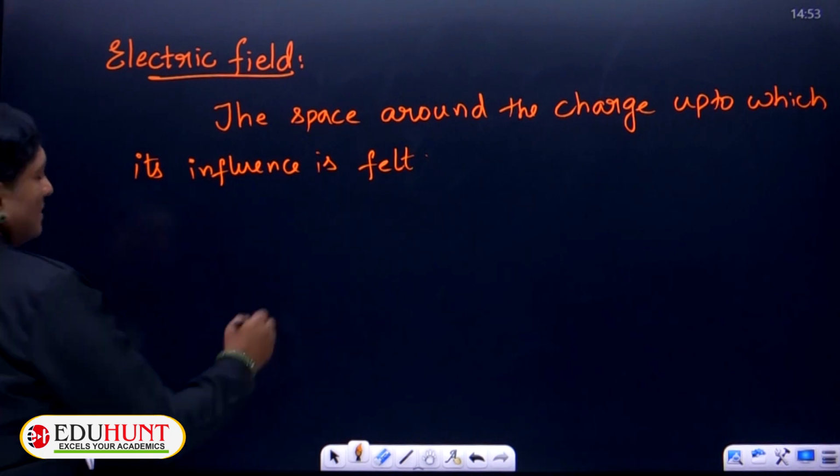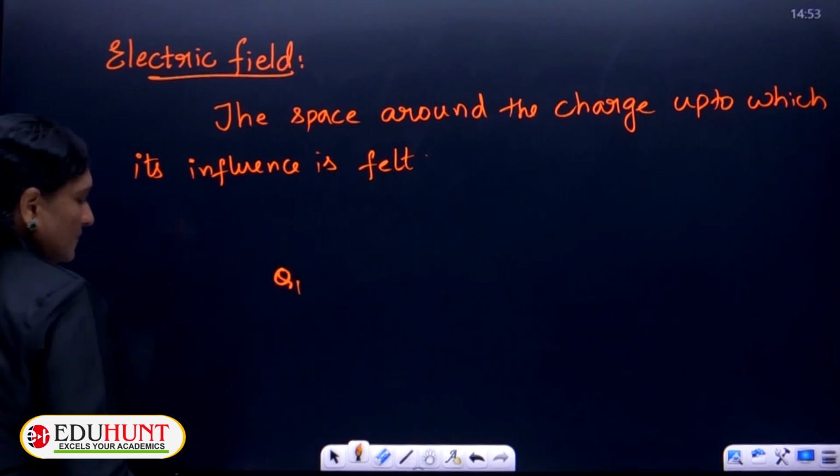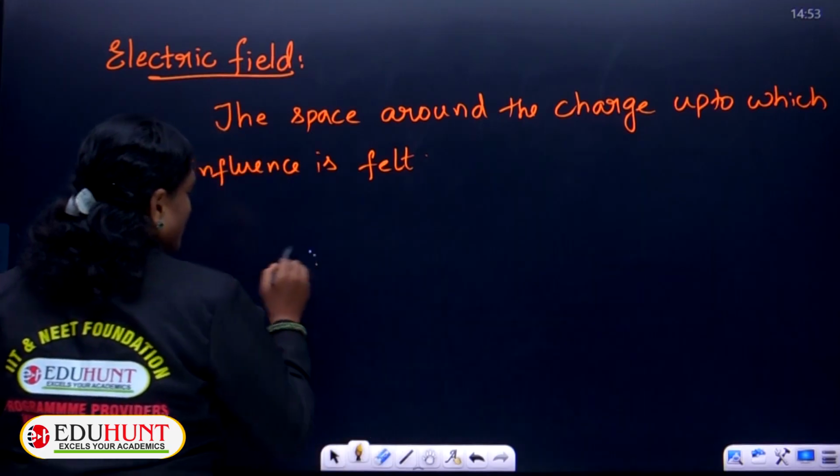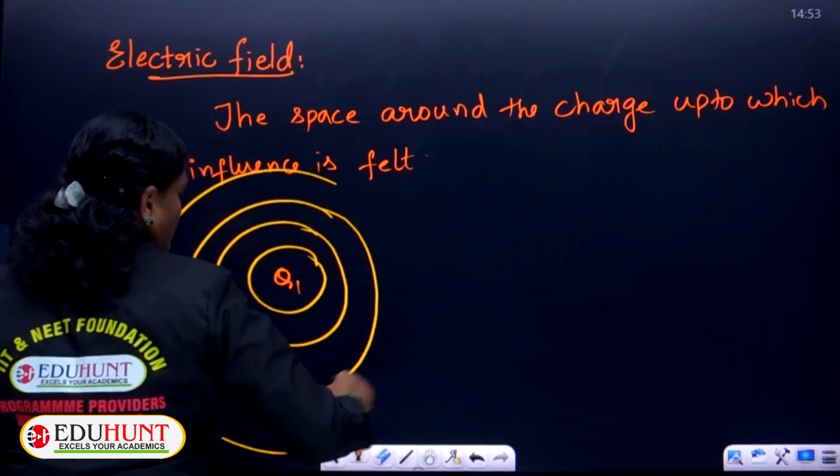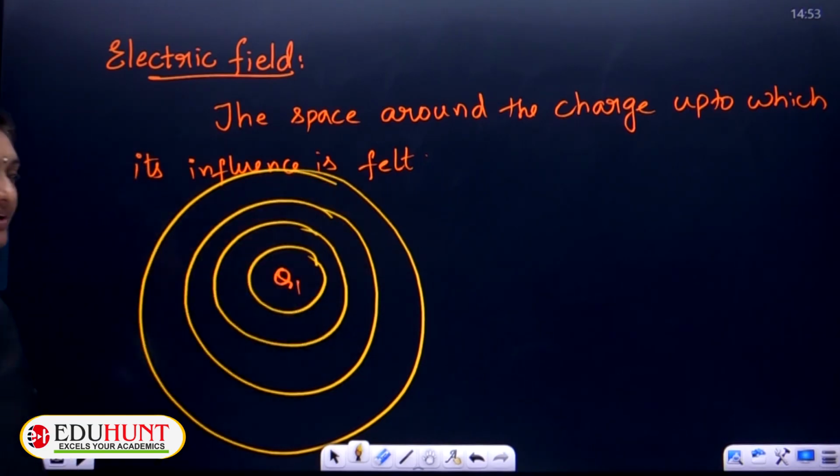Suppose you consider a charge Q1. Surrounding the charge Q1, it creates some electric field.